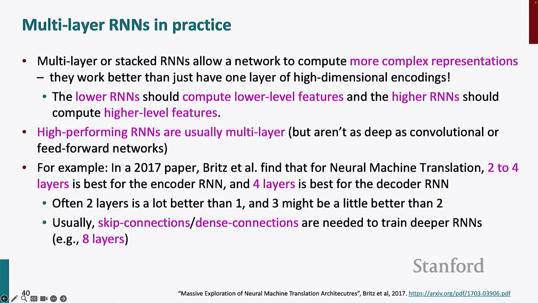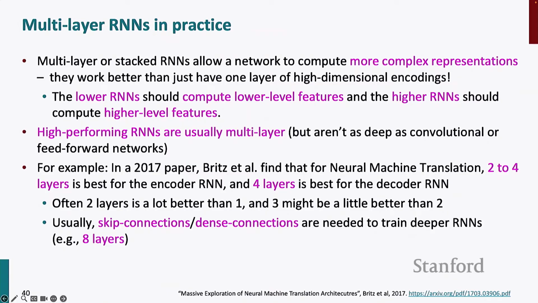To some extent, what people found with RNNs in those days is that having multiple layers definitely helps, but unlike what was happening in those days with other kinds of neural networks for vision, etc., people still use relatively shallow RNNs.